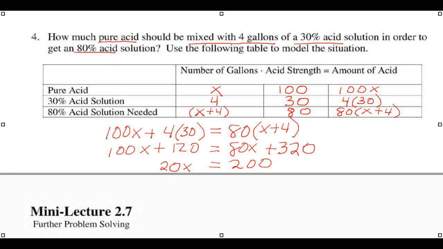Now I divide both sides by the coefficient. I get x equals 10. I will need 10 gallons of pure acid mixed with 4 gallons of 30% acid to get, altogether, 14 gallons of 80%. And by using algebra, we solve that nicely. This is why you need algebra to do chemistry, by the way, if you are moving in that direction.